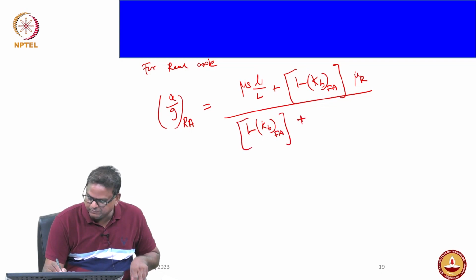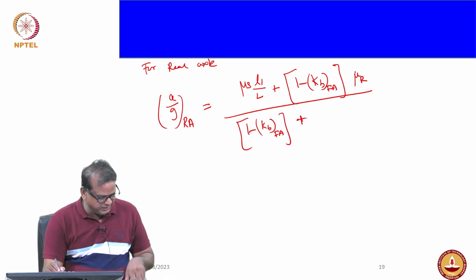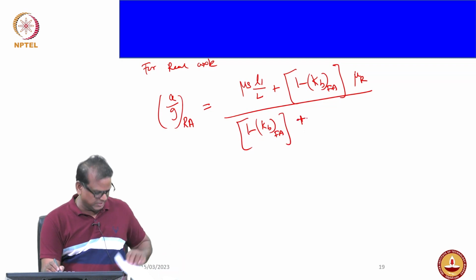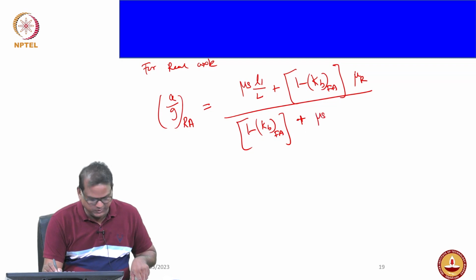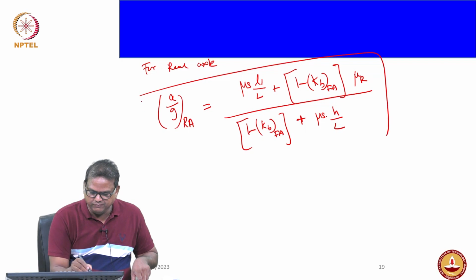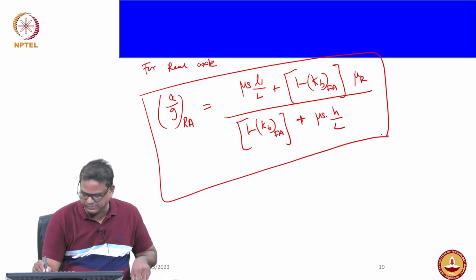Here the sign will change. Earlier it was a minus sign, now the sign will change to plus mu_s H by L. So this is the equation for the rear axle, okay.